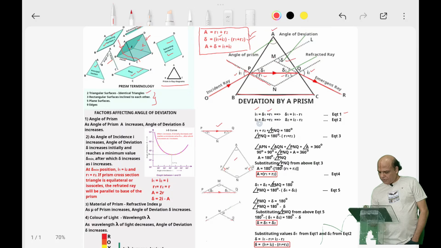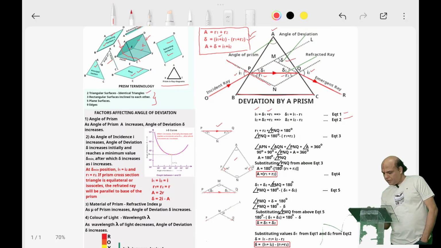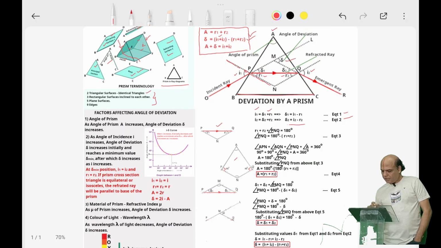So I2 is equal to delta 2 plus R2. From this, delta 2 is I2 minus R2. Let us call this equation 2. So these two relationships we got from the angle of incidence and angle of emergence, and their corresponding internal angles R1 and delta 1, R2 and delta 2.